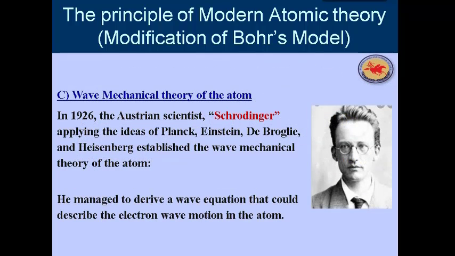The third modification is the wave mechanical theory of the atom made by Schrödinger. In 1926, an Austrian scientist called Schrödinger applied the ideas of Planck, Einstein, de Broglie, and Heisenberg and established the wave mechanical theory of the atom. He managed to derive a wave equation that describes the electron wave motion in the atom.